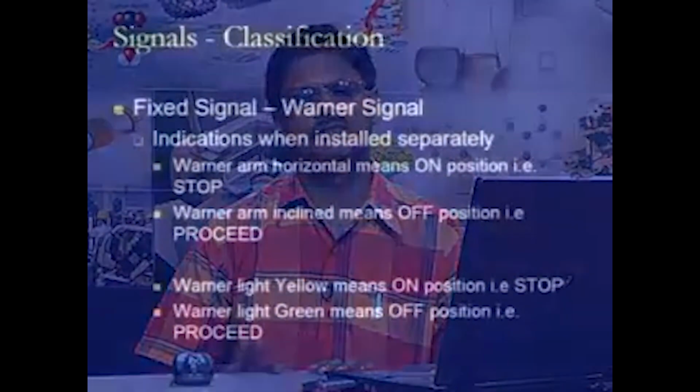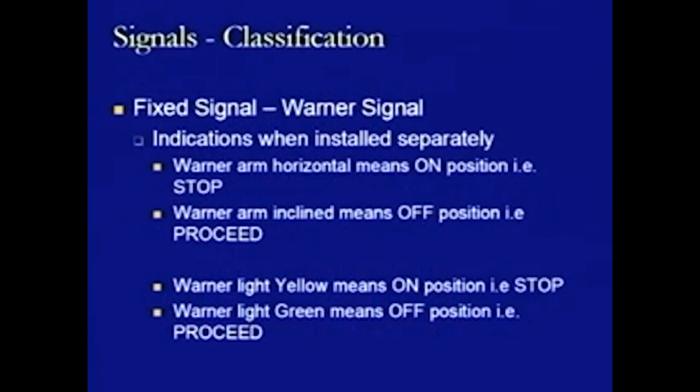As far as the lights are concerned, the first two cases were defined in terms of the movement of the movable arms, whereas in the case of the light, if the light is yellow, then it means an on position or the stop position, whereas if the light is green, then it means the off position, that is the train is allowed to proceed with full speed.